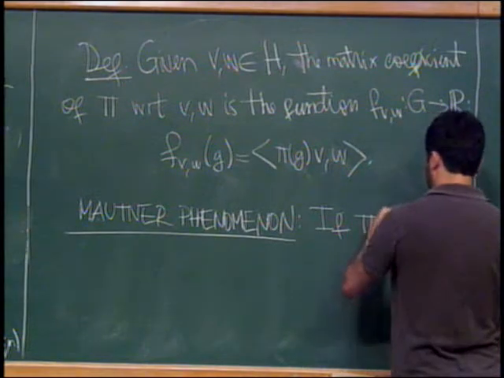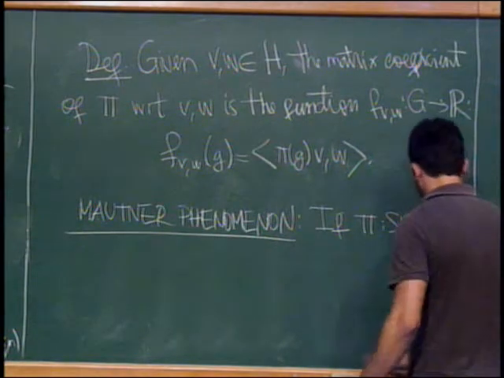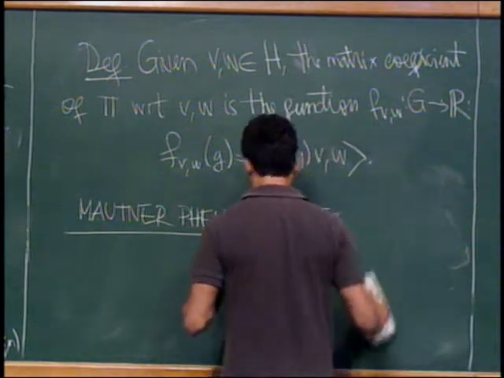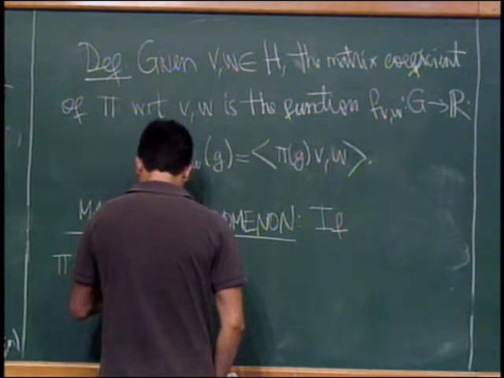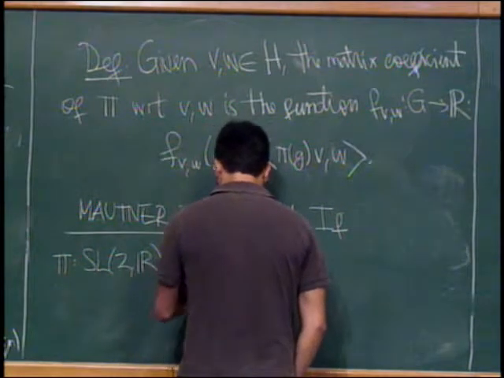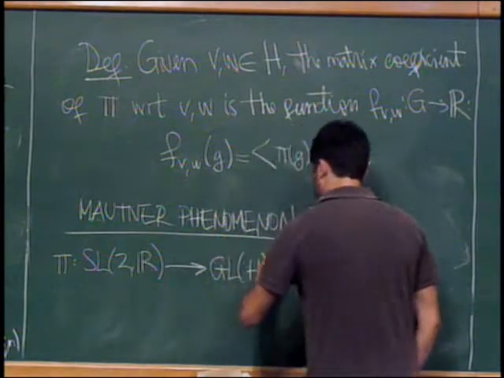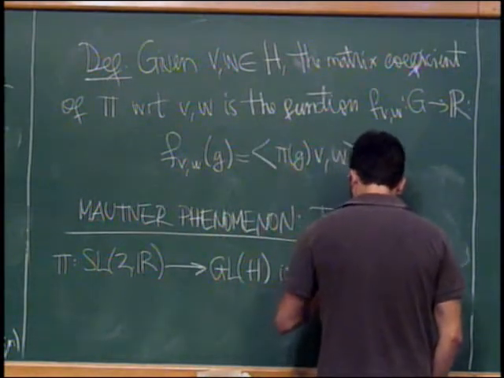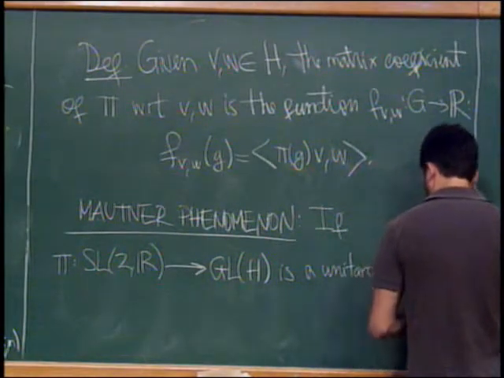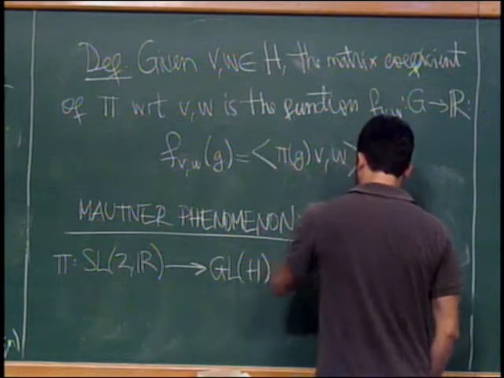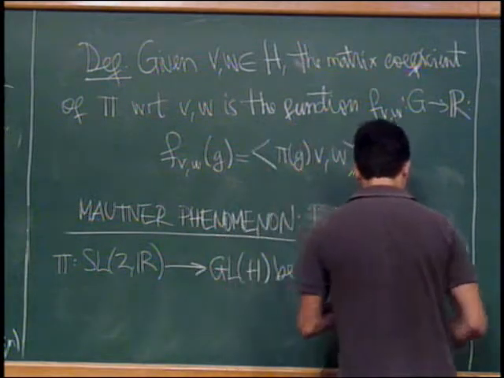If pi is a representation of SL2(R) that is unitary and strongly continuous, let pi be this.